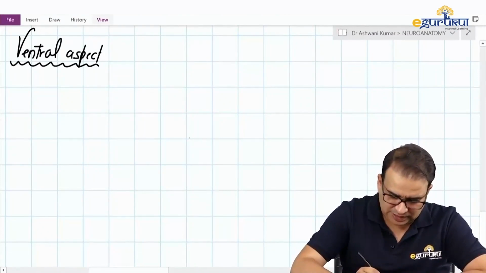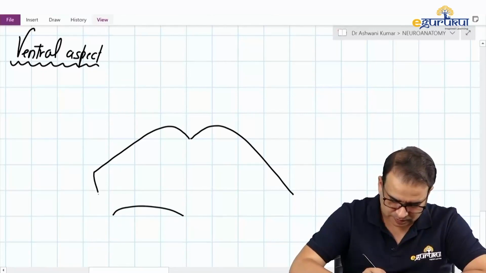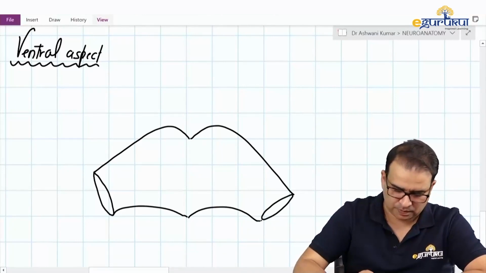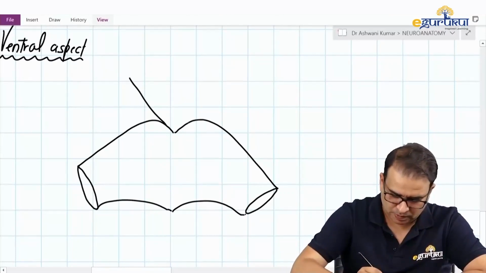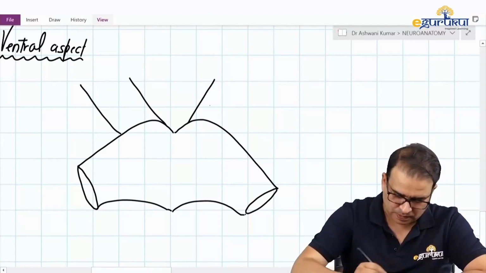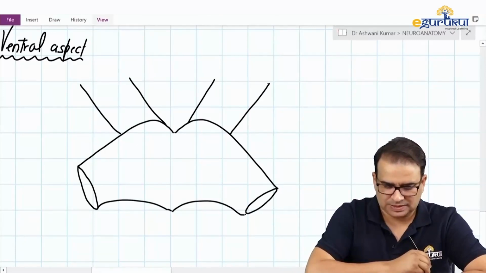If let's say this here is the pons, here is the cerebral peduncle.